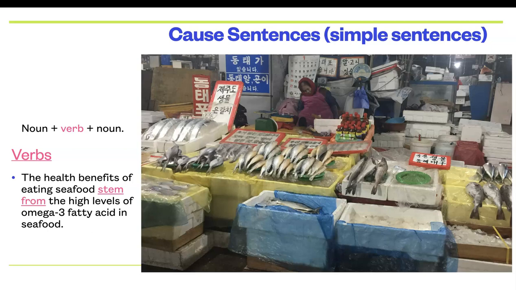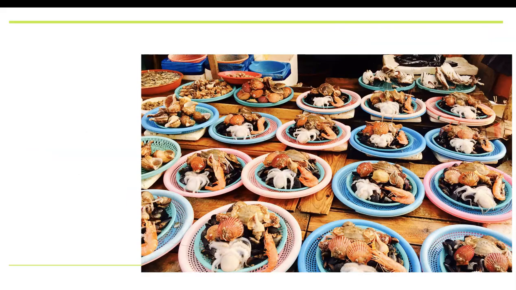We ought to be careful because we have a noun starting the sentence. We have health benefits, which is plural. So we need to match the verb, stem instead of stems. And so subject-verb agreement is really important in this.